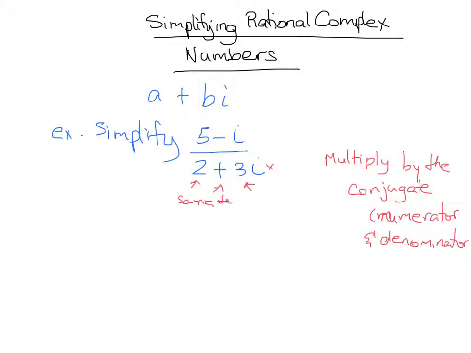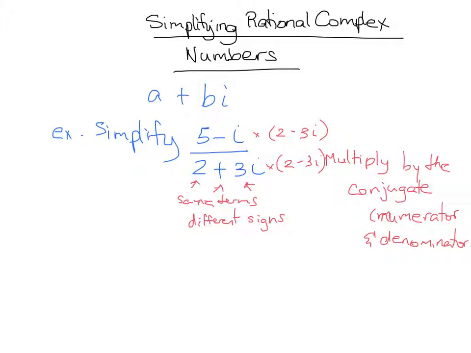In this case, our conjugate is 2 minus 3i. So we're going to multiply both our numerator and our denominator by the conjugate of the denominator, 2 minus 3i.